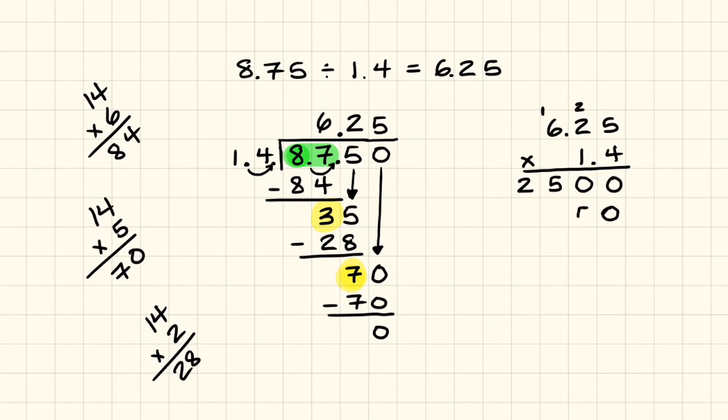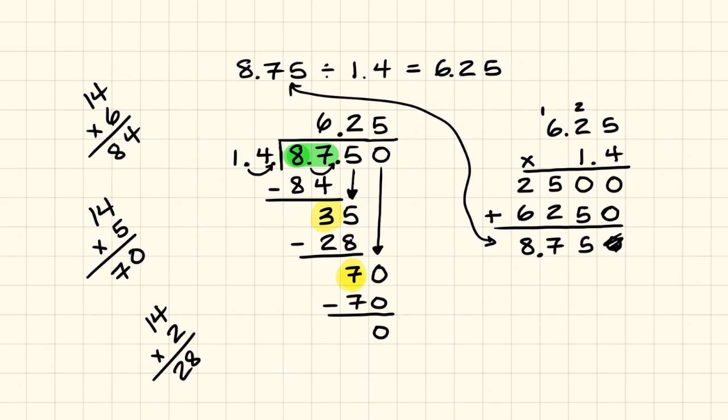All of these are times 1, so that's easy. And then I take those two partial products and add them up. And look at that, I can get rid of that 0. So these numbers match.